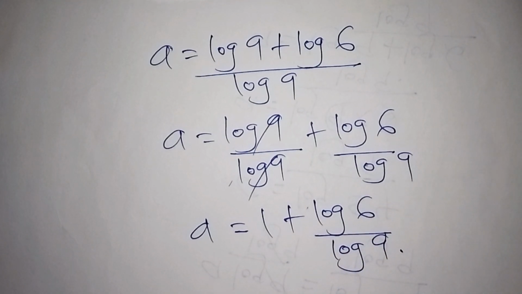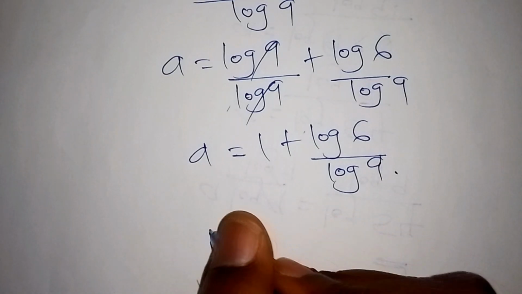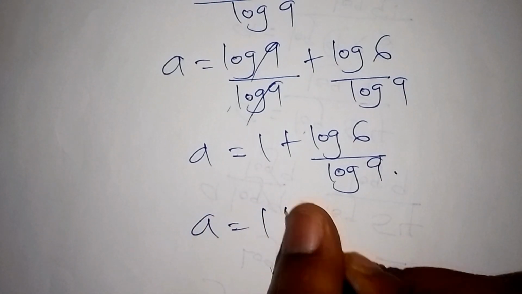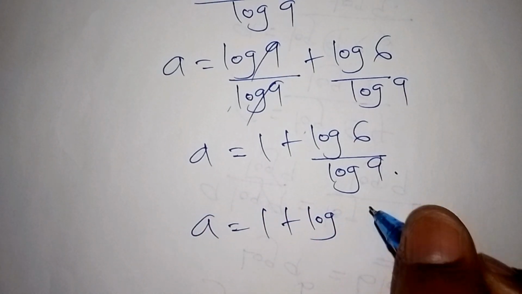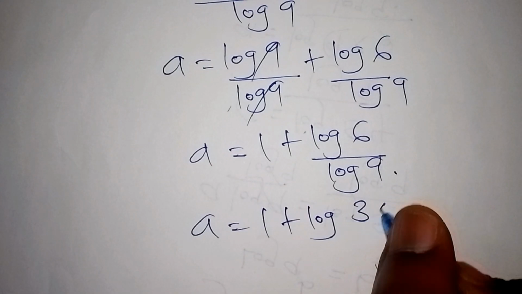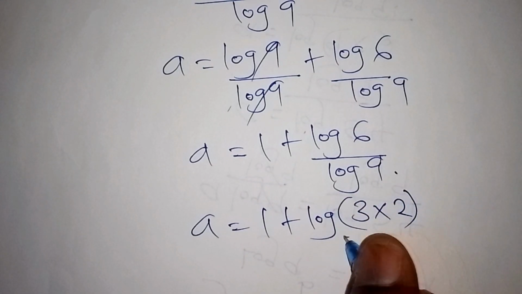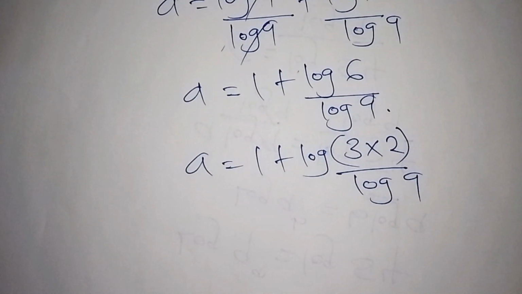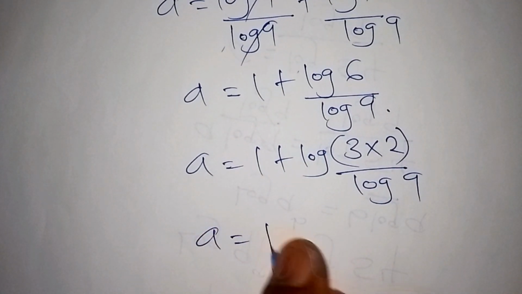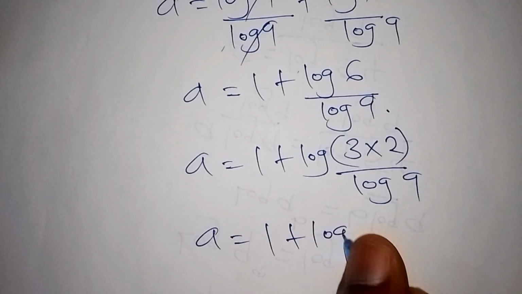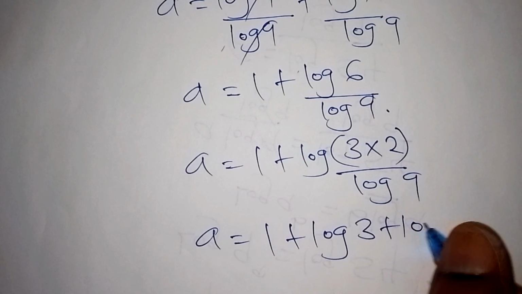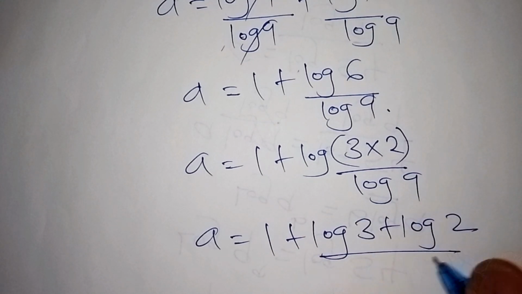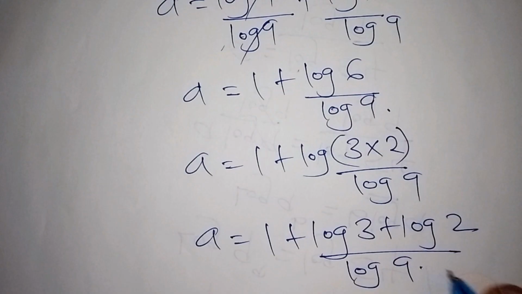We can still factorize the log of 6. So a is equal to 1 plus the log of 3 multiplied by 2, all over the log of 9. Here we have the log of 3 plus the log of 2 all over the log of 9.